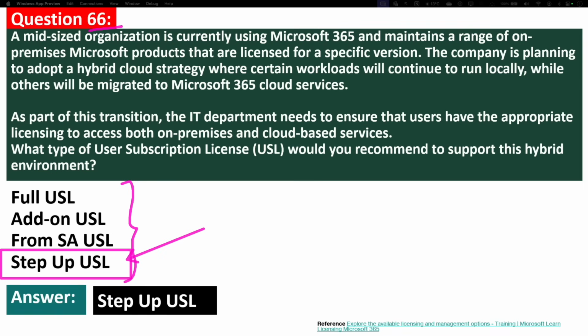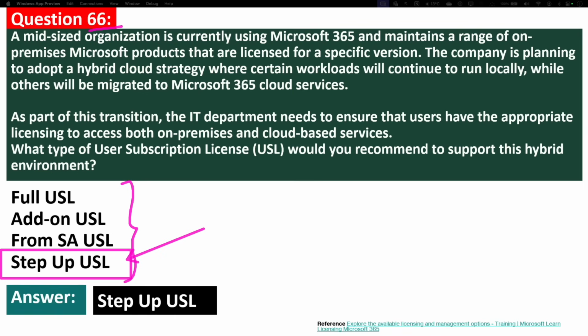So instead, they only pay the difference in cost between the two licenses. Think of it like upgrading your Netflix plan from standard to premium. You don't start a new subscription, you just pay the extra amount to get more features.